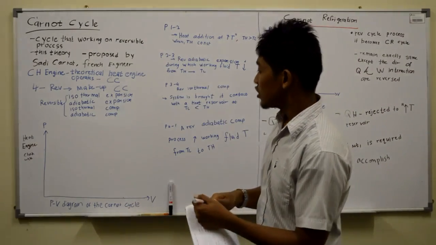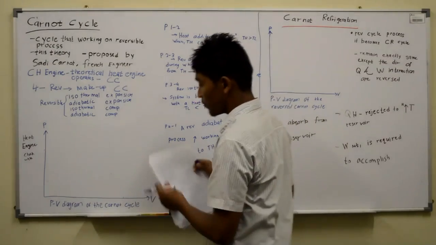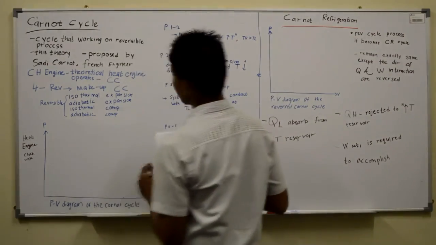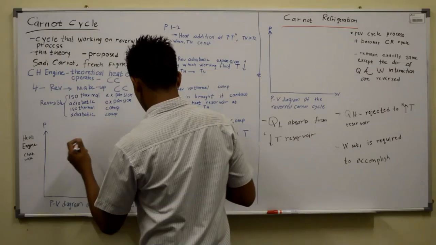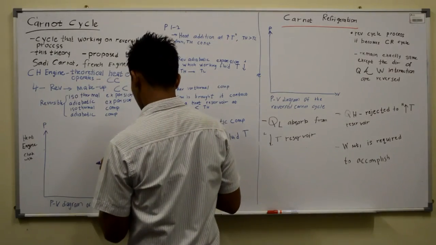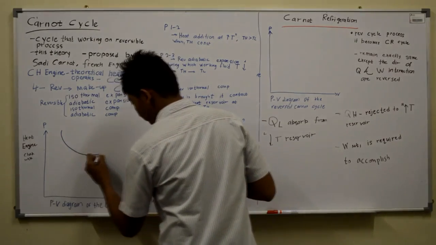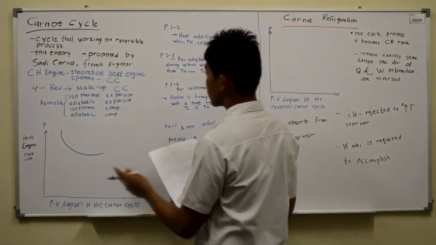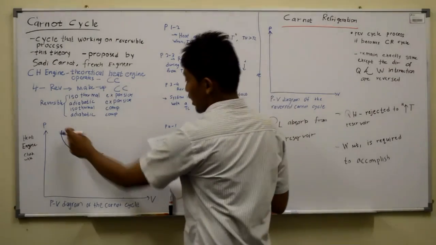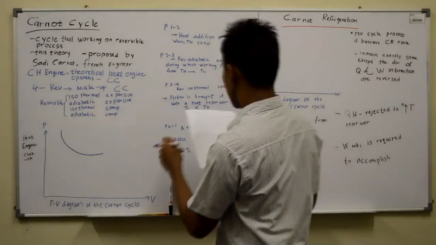And I will draw the first process in this PV diagram. Okay, this is for the first process from 1 until 2.